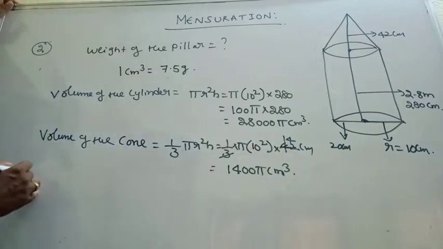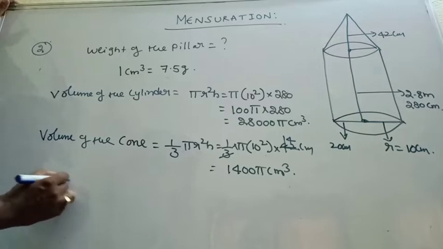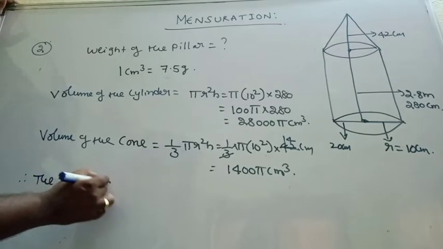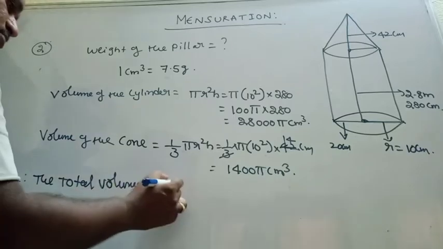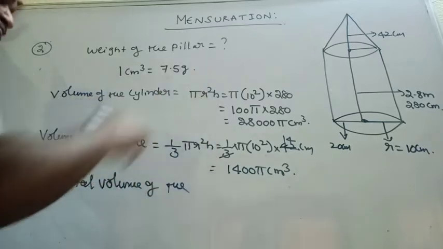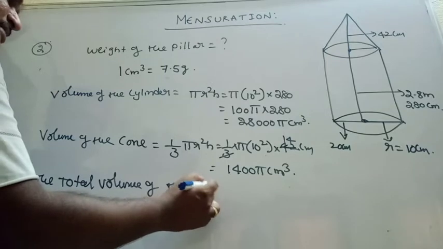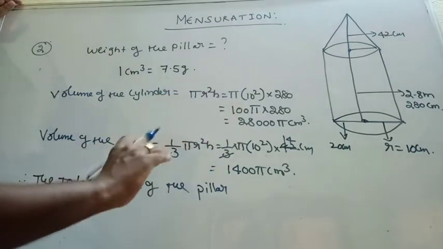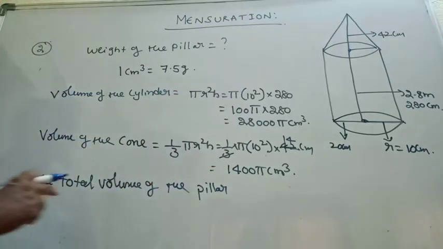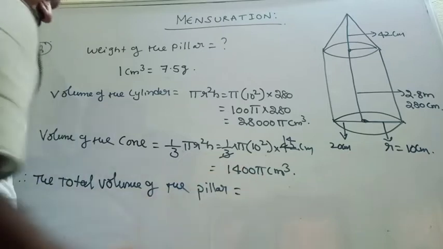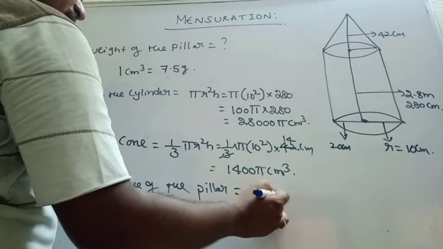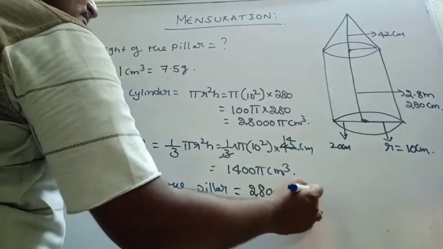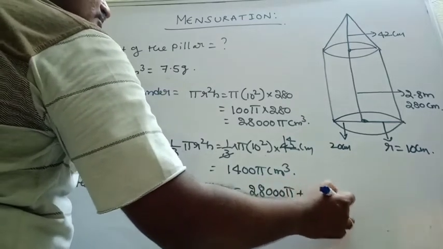Therefore the total volume of the pillar, pillar means this cylinder plus cone, both combined, is 28,000 pi plus 1400 pi cubic centimeters.